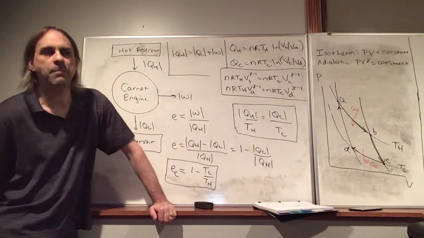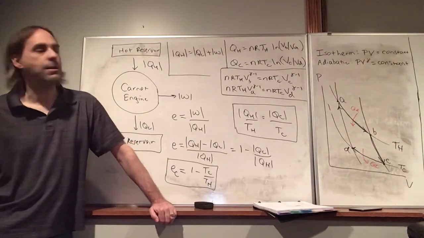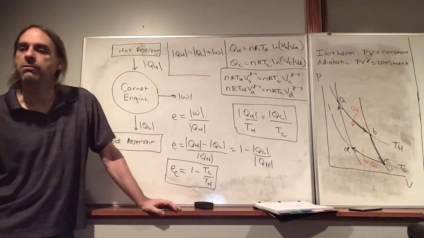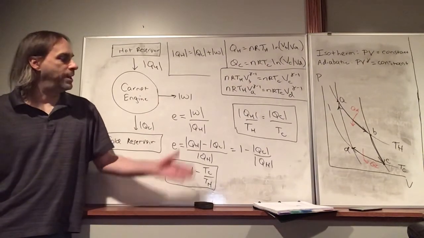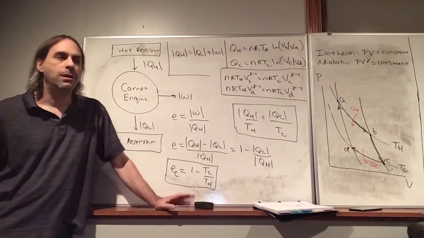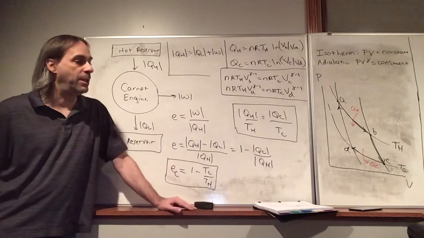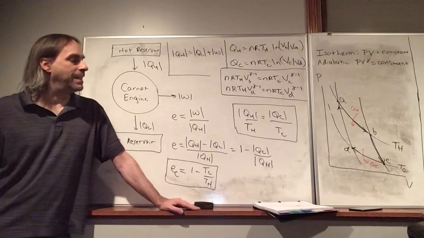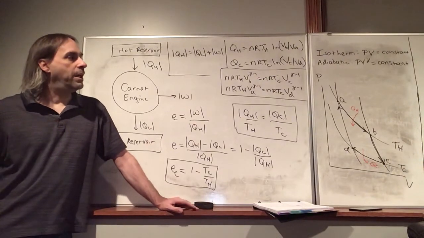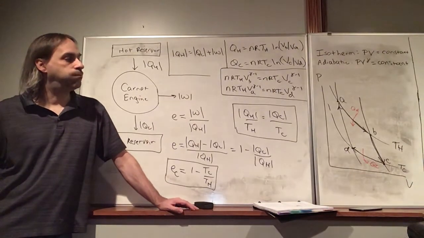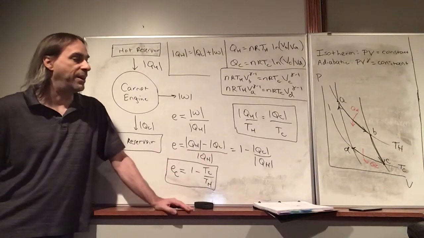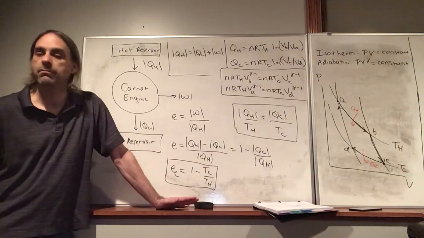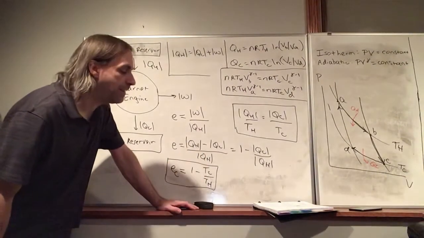And that's typically easy to calculate. It's not hard to know what the temperatures of the reservoirs are, but knowing what QH and QC are for a real engine could be a fairly difficult problem. So at least one nice thing about a Carnot engine is that it allows us to calculate the efficiency very easily. And I'm going to leave it at that right now.